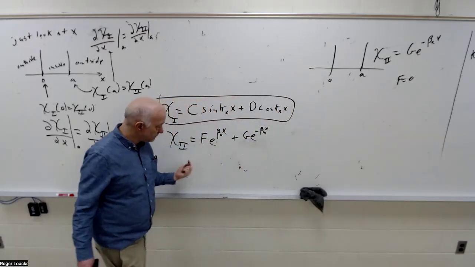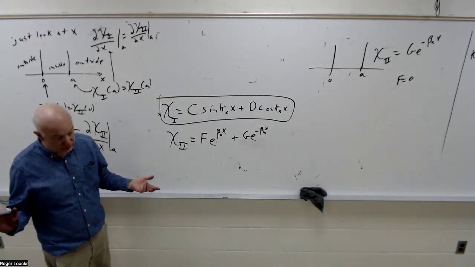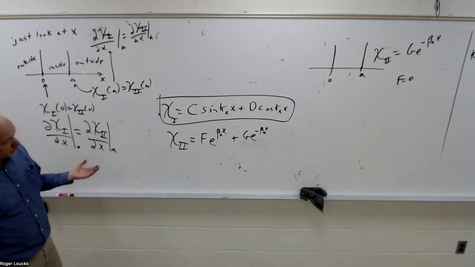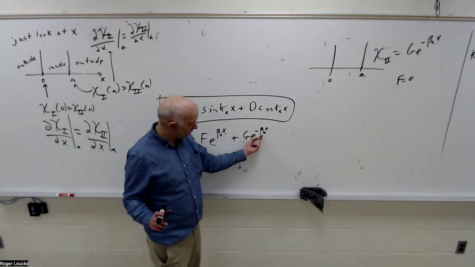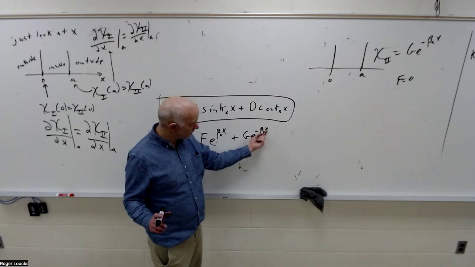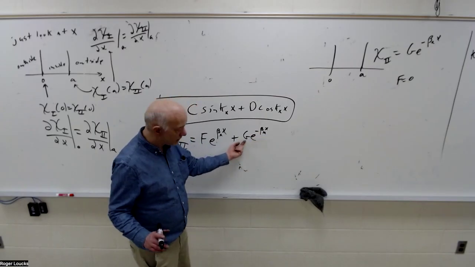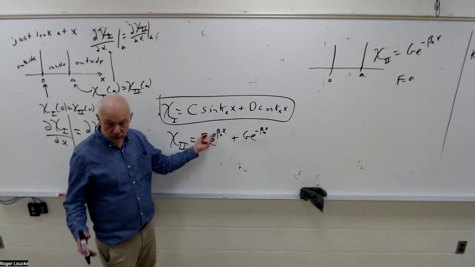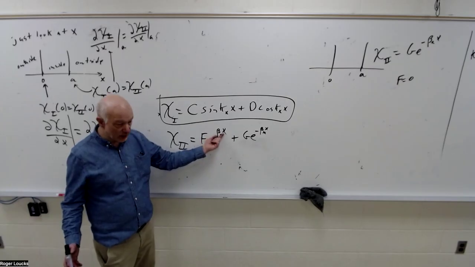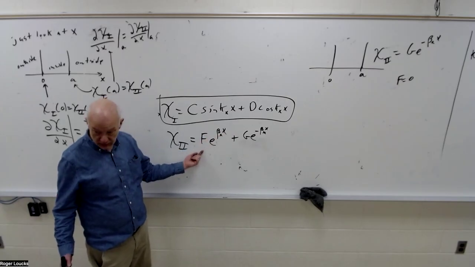So I can go off to negative infinity, and beta x is positive. Which term is going to have problems here? The one with the minus. Yeah, the g here, because if x goes off to minus infinity, this term blows up. So that g has to be 0. Whereas this term here, I have beta x, which is positive. If x goes off to minus infinity, this goes to 0.